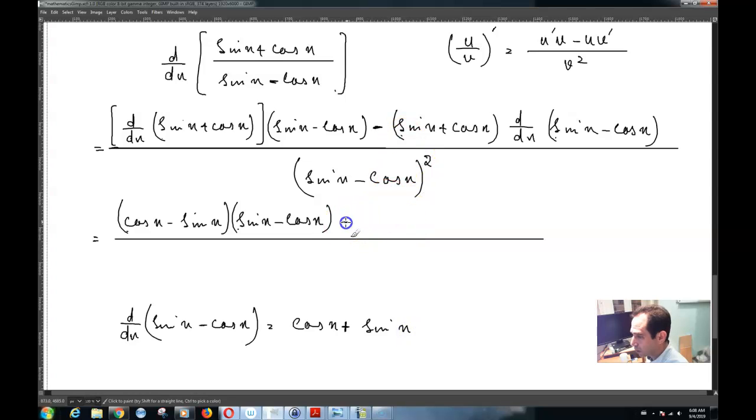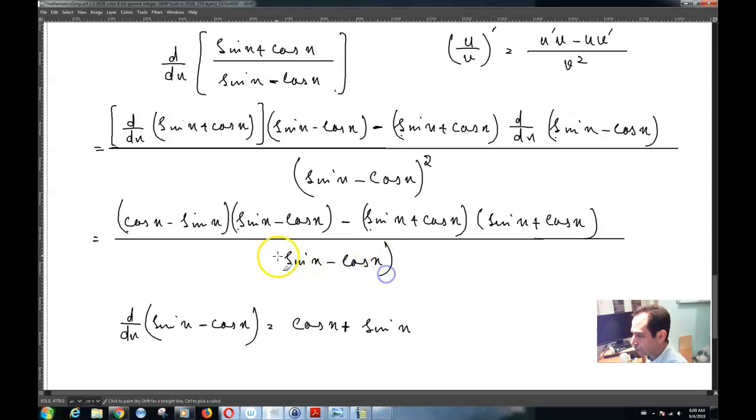So that's minus sin x plus cos x times sin x plus cos x. And then you have sin x minus cos x whole squared in the denominator.